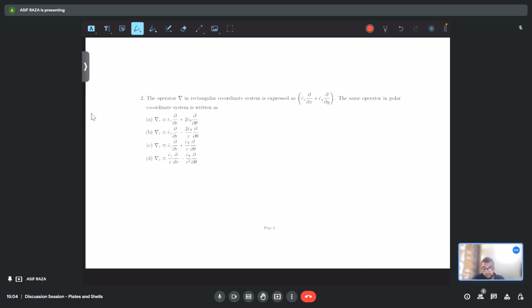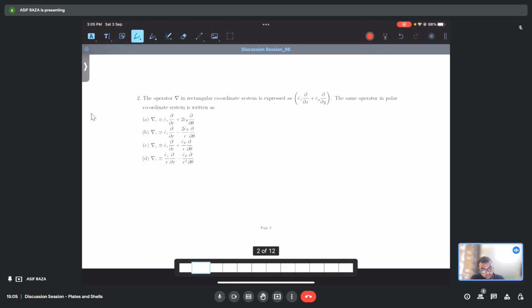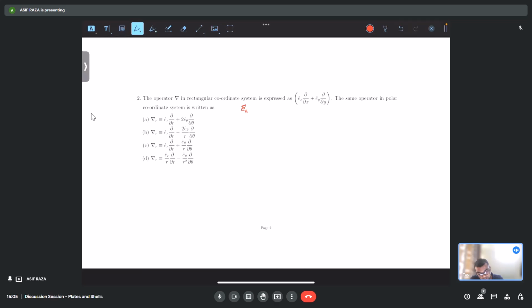The del operator in rectangular coordinate system is expressed as ex del by del x plus ey del by del y, where ex, ey are the basis or the directions. The same operator in polar coordinate system is written as, we have this, where er and e theta are basis.